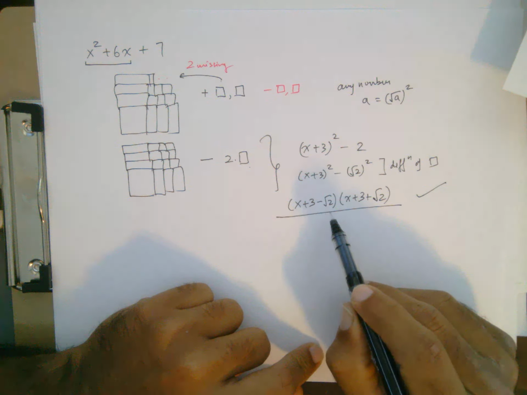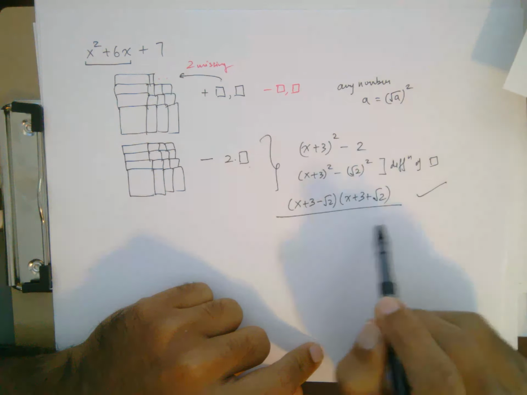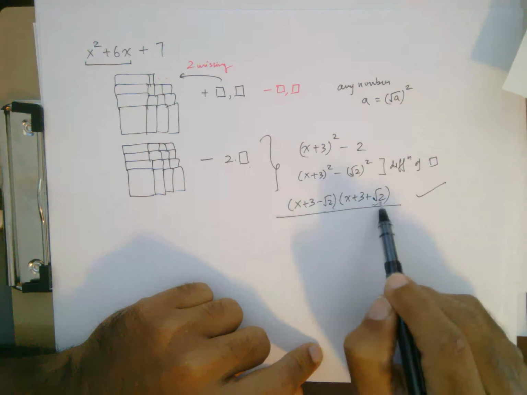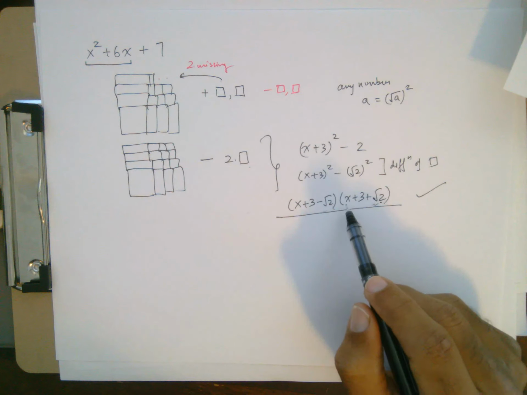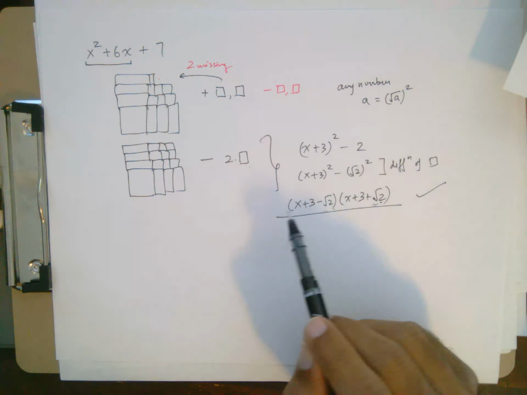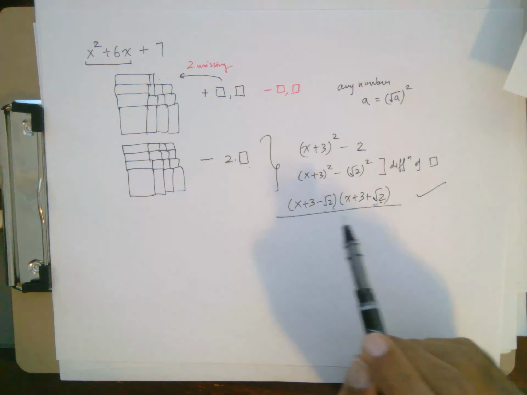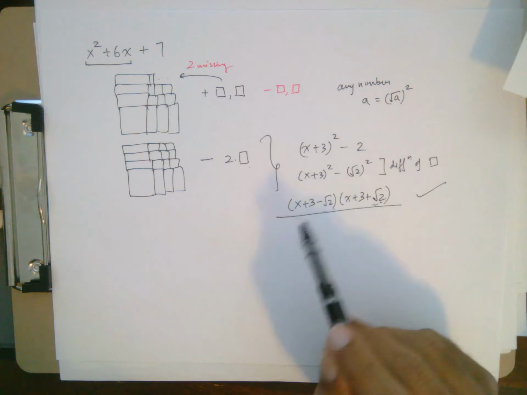Using our original method of direct splitting, we would never be able to come out with these values. Because it's not possible, because we only look at integer values in that case. But this method, which takes a detour into converting something into a difference of squares, helps us solve any equation.